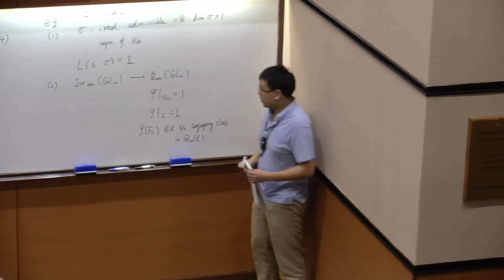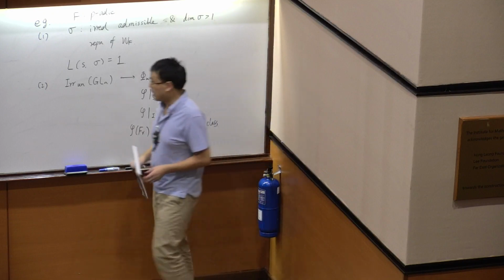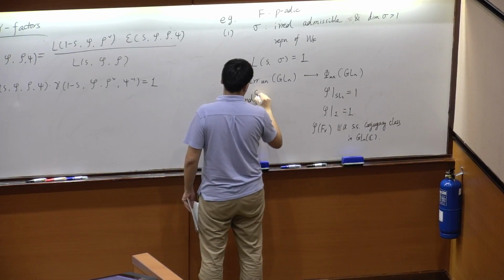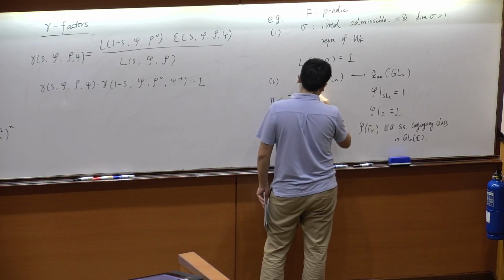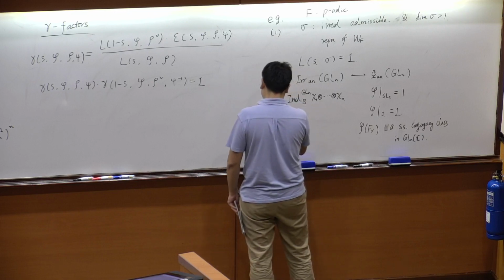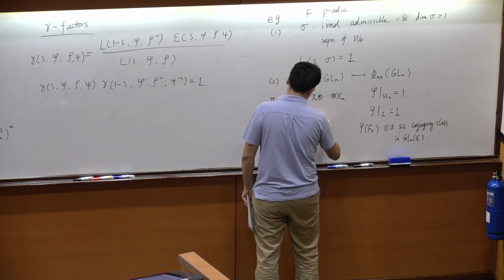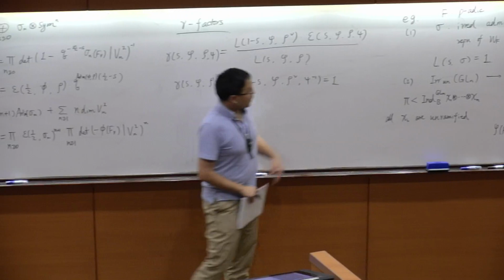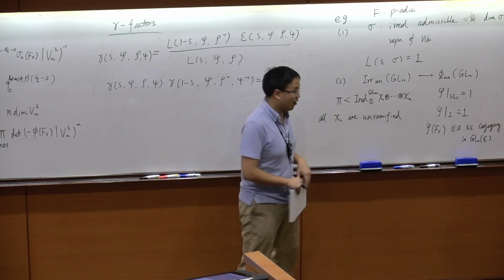On the other side, the unramified representation comes from the induced representation from the Borel with unramified characters. And in this case, the image of the Frobenius element is given by these unramified characters.